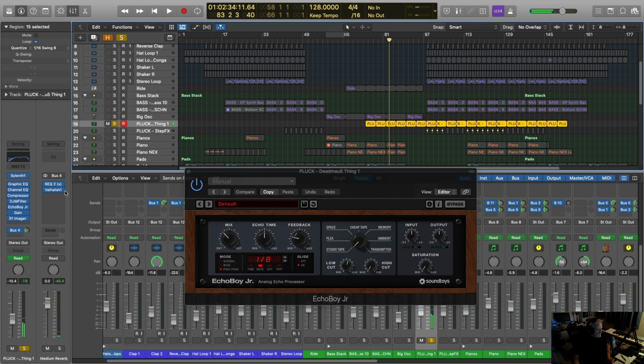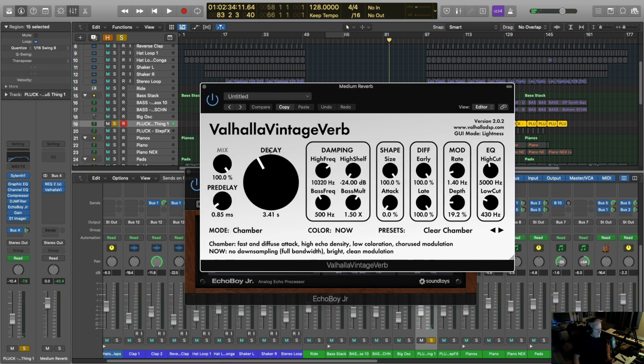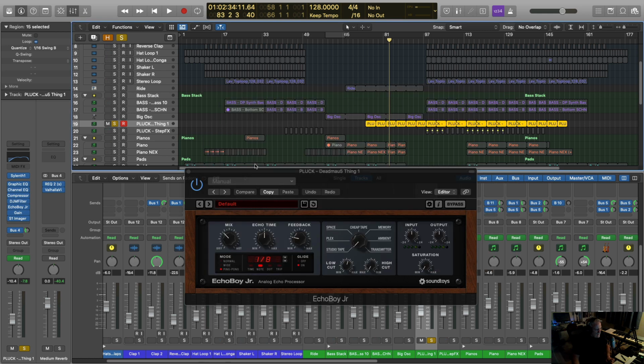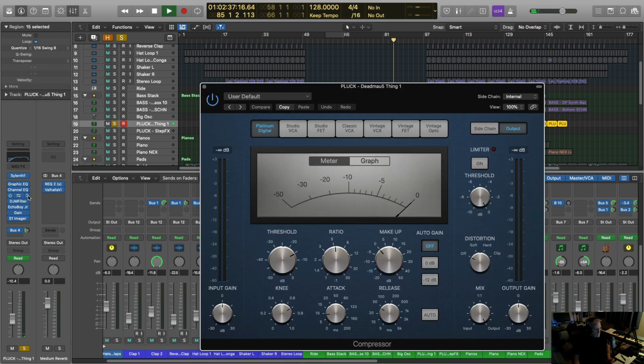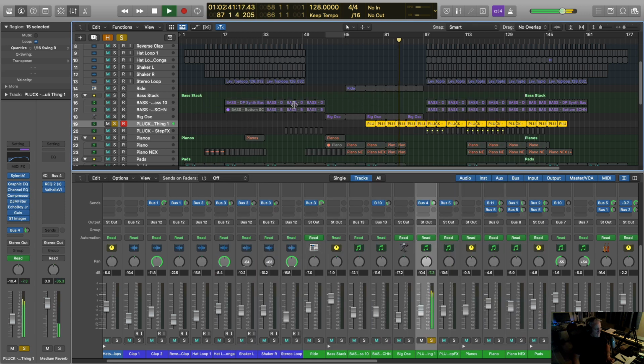Now this reverb is a Valhalla Vintage Verb chamber, 3.4 second delay. There's the setting right there. It's a clear chamber. And then I just adjusted the decay time to my liking. All right, so that pluck is really tamed. I got a compressor on here. It's doing quite a bit, it's a pretty dynamic part because obviously it opens up.